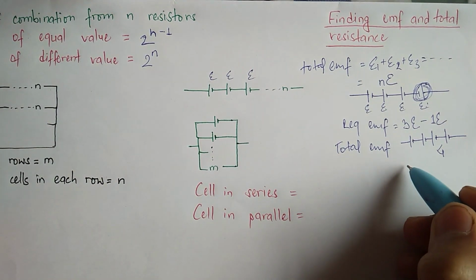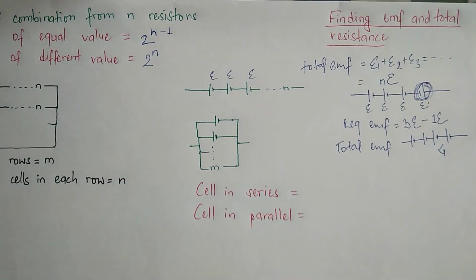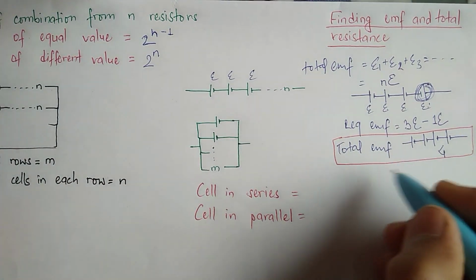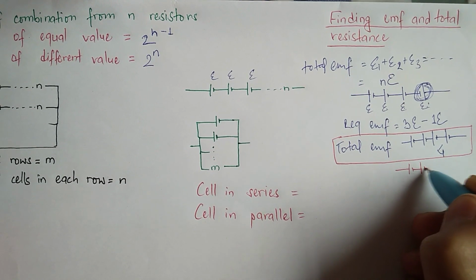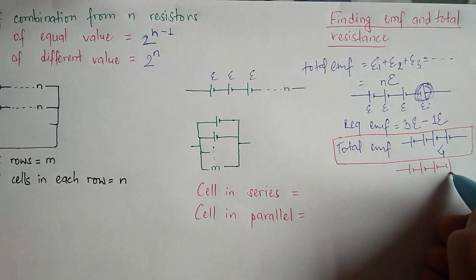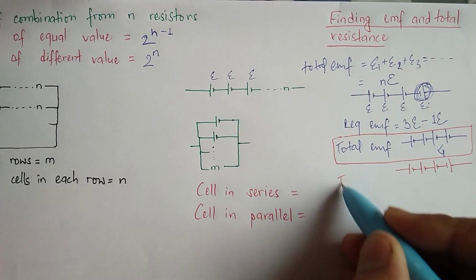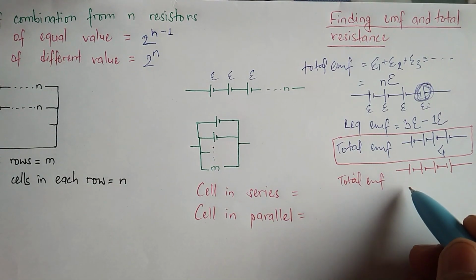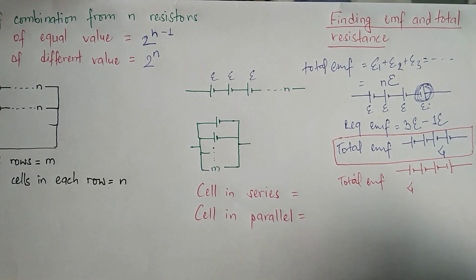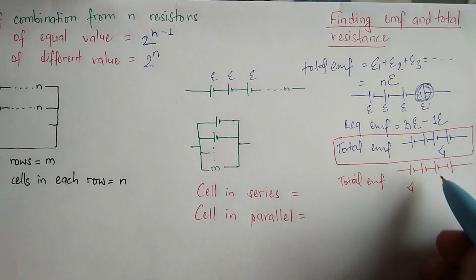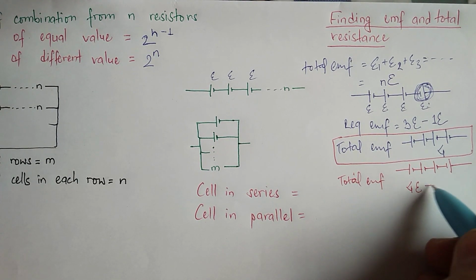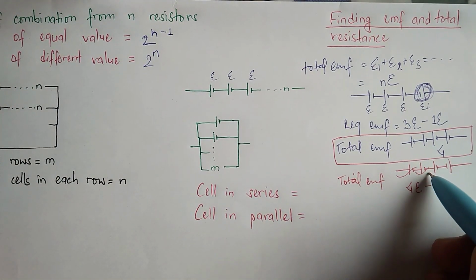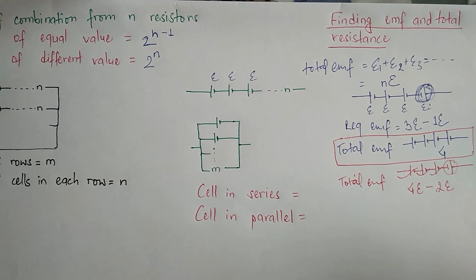Now then, if 1 is altered, well, now this was the previous condition. Now the final one cell is altered, then now total EMF will be, if this is not given in the question, then you can write 4E minus 2E, because 1 2 3 added and 1 subtracted.